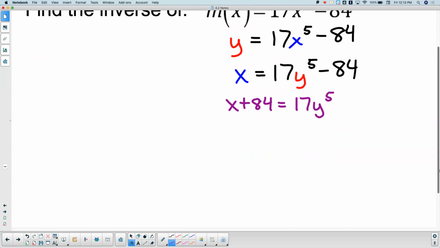Scroll down just a little bit. (x plus 84) over 17 equals y to the 5th power. Take the 5th root.